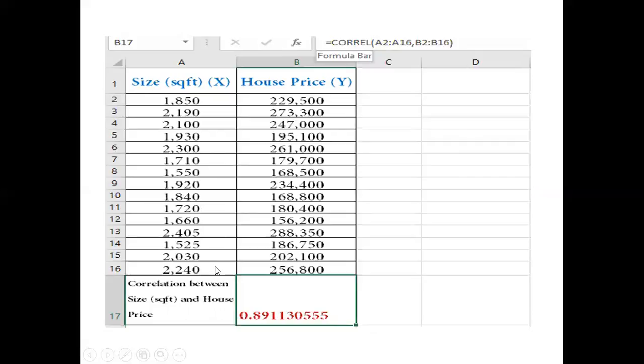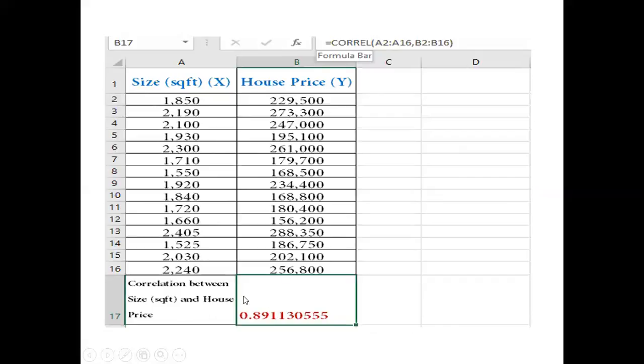First we take down all the values of x and y. Then we have to find the correlation. The term used for correlation is R. Please note it, it is R. We use a function called CORREL, equal to CORREL of the set of all the x values, comma, the set of all the y values.